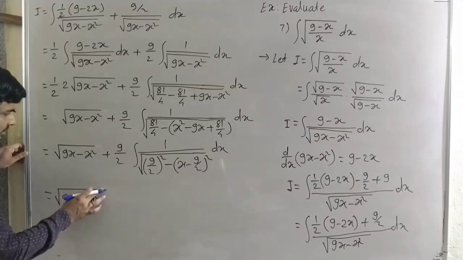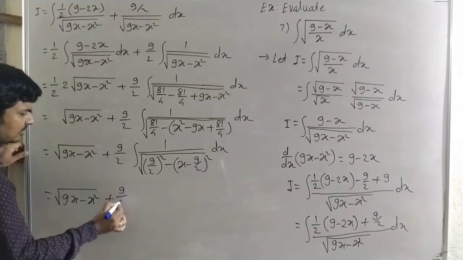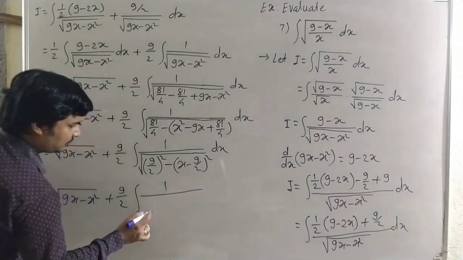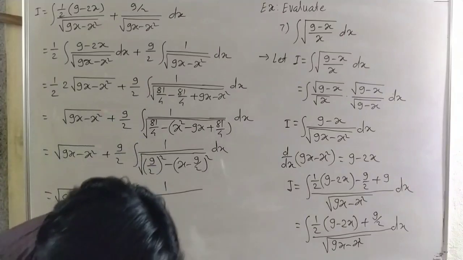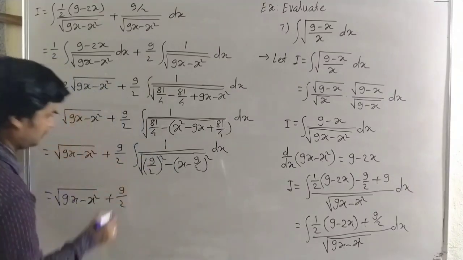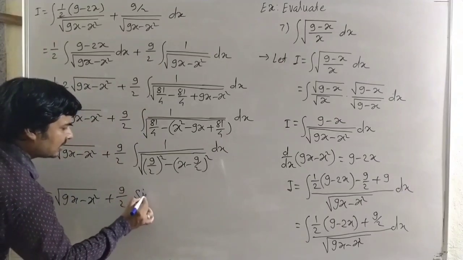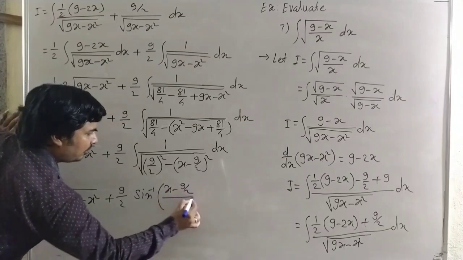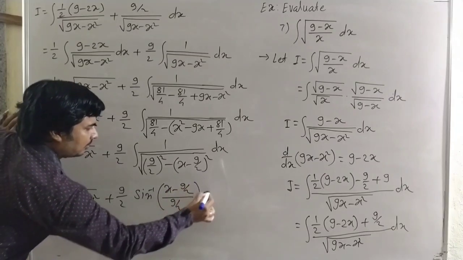We can directly integrate 1 upon under root of a square minus x square. It is sine inverse of x upon a, plus c.